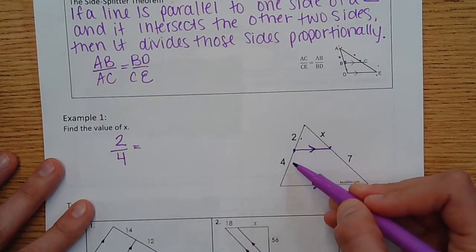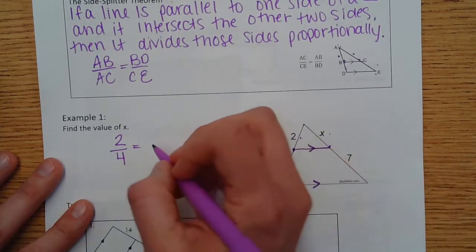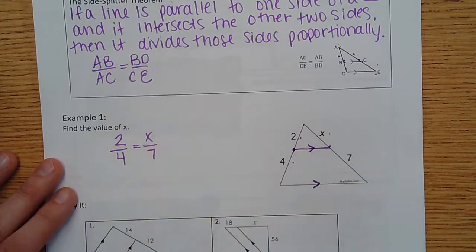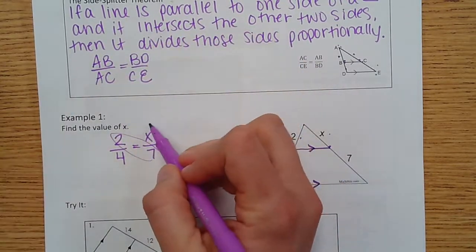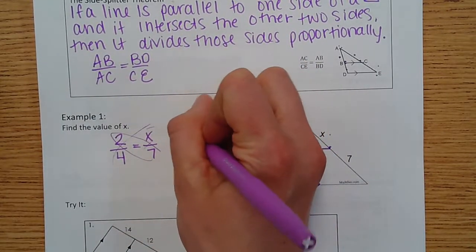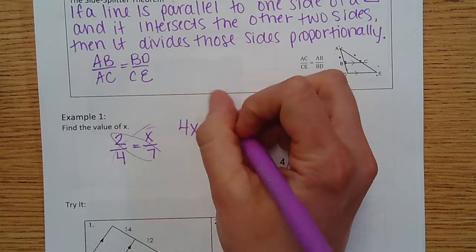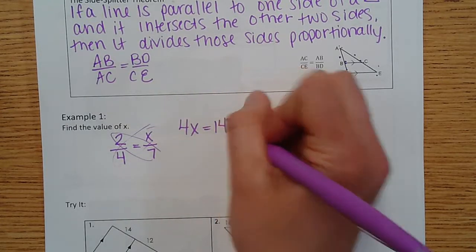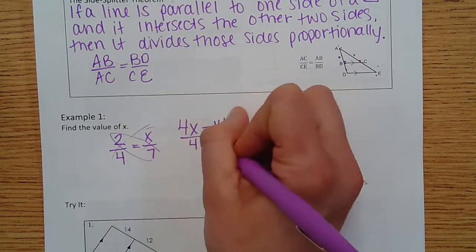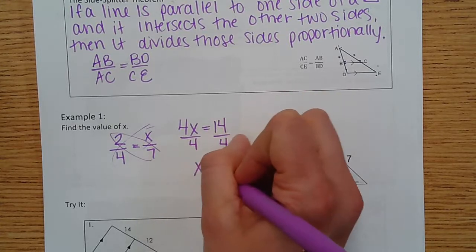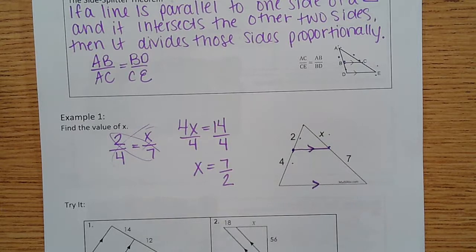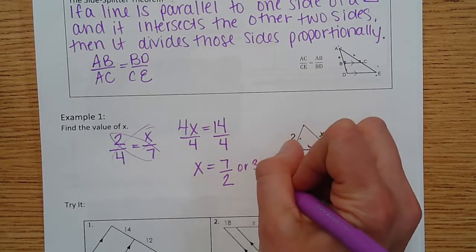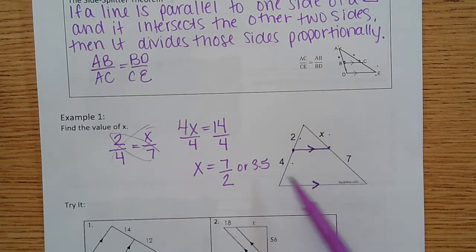So 2 over 4 equals X over 7. Now we simply cross multiply. We get 4X is equal to 14. Divide by 4. X is equal to 7 over 2, or 3.5.